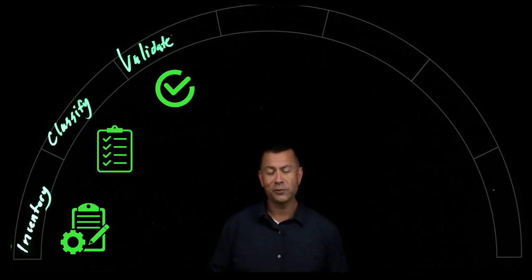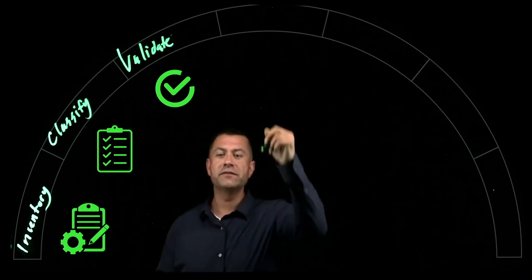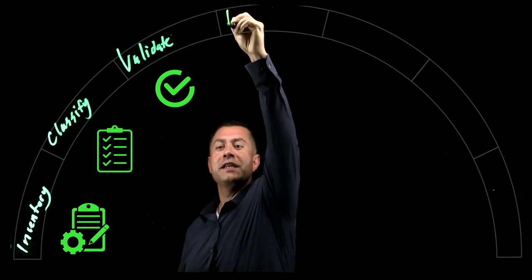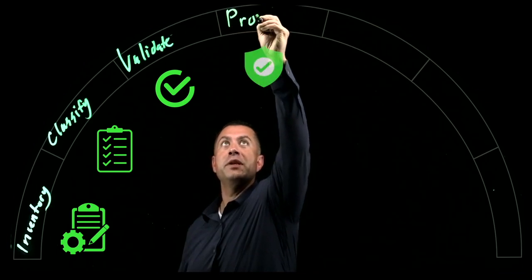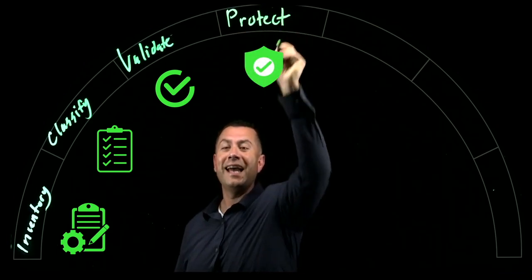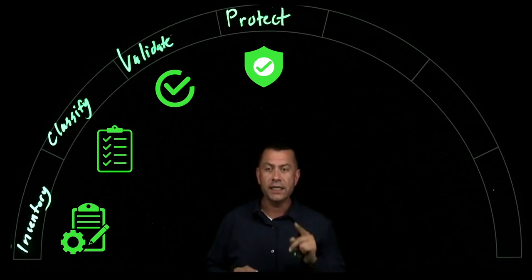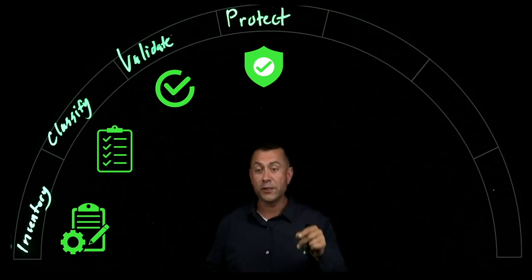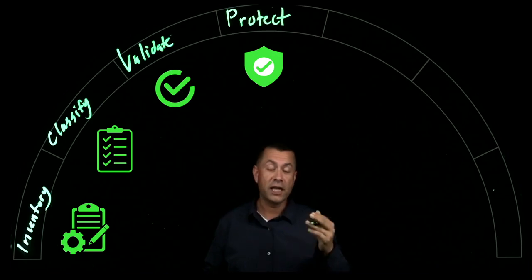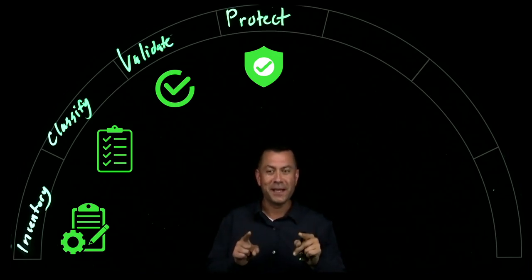And now, we're ready to get into some of the fun stuff. And unfortunately, what we tend to find is this is where a lot of people will start: the protect phase. Now, the protect phase involves things like enhancing our data loss prevention solution, our cloud app security solutions. So let's pause for a second and think about that.